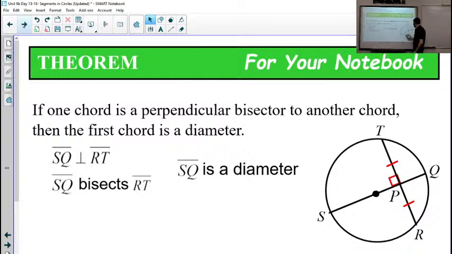So if I see perpendicular bisector on a chord, then I know diameter.